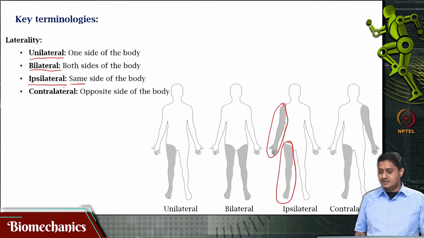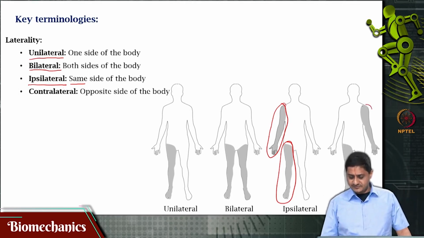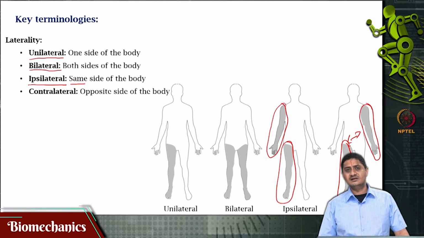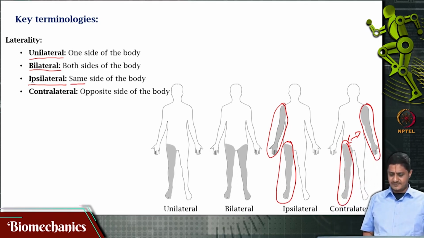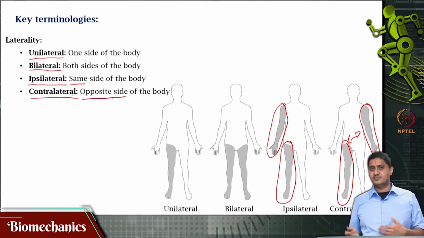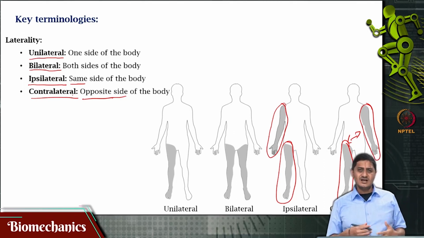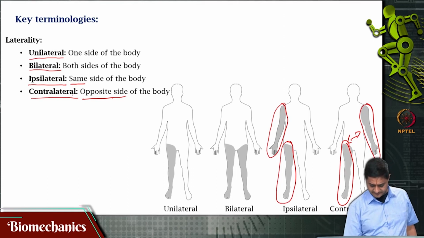The left hand and the right leg are contralateral to each other. Likewise, the right hand and the left leg are contralateral to each other. So, those that are found on the opposite side are called contralateral. Contra means something that is opposing. Ipsi means something that is on the same side.